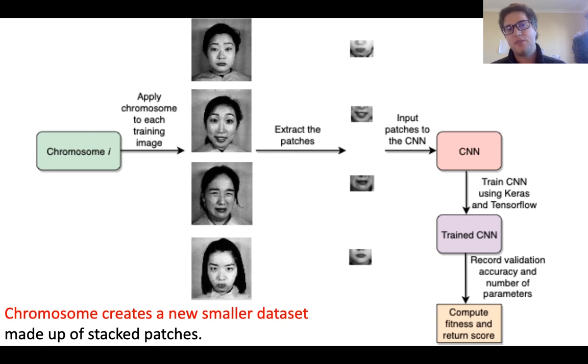I say stacked because if there are 2 patches from each image, then each new image has 2 channels in it. And the new patch dataset is now input into the same CNN, for which we train and compute the validation accuracy as well as the number of parameters in the model.